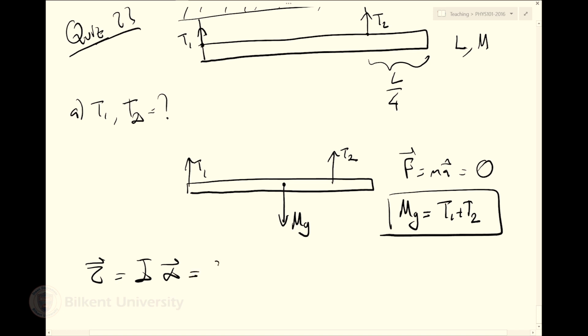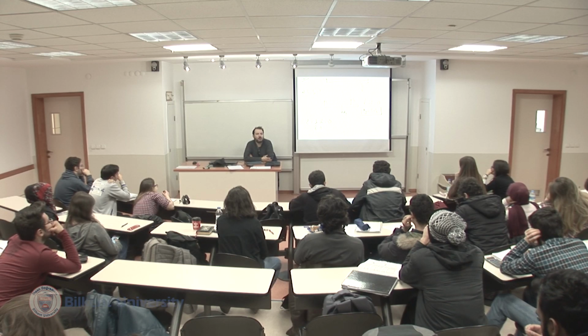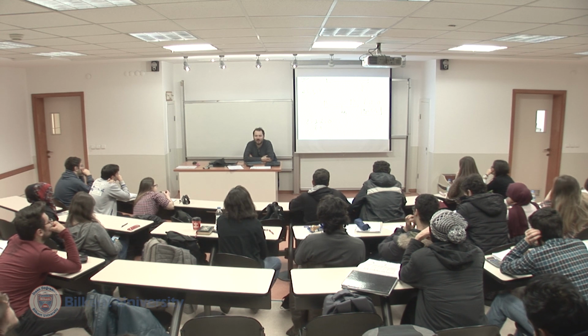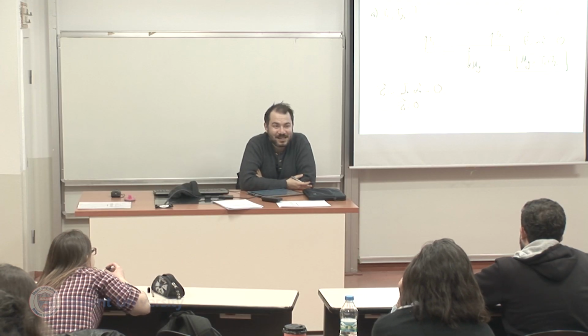So torque is equal to 0. And here's the problem though. Torque with respect to which point? Excellent, any point, right? If I'm in a static situation, any point. But what's my rule? Which point do I like the best?